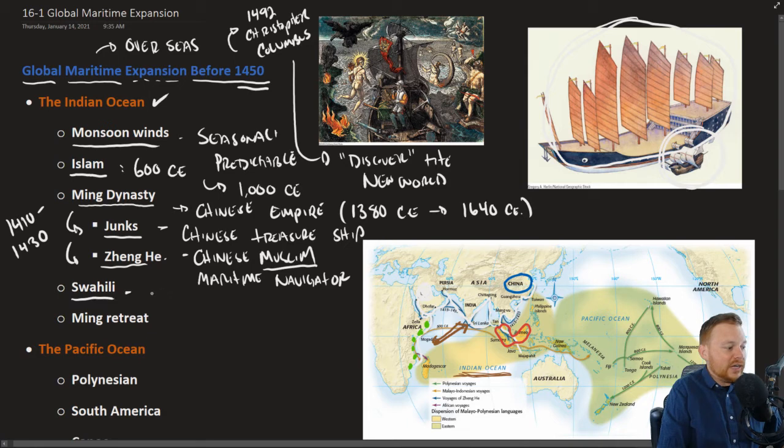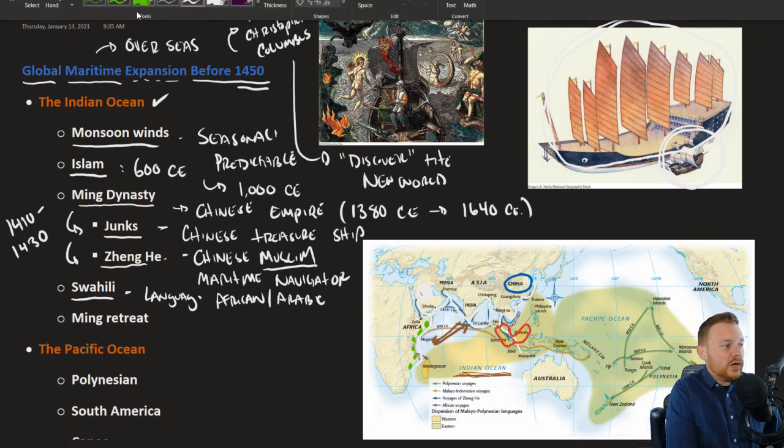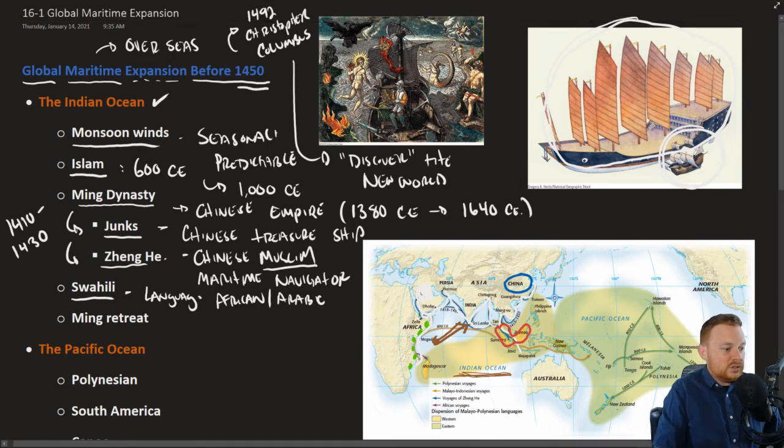Swahili is actually a language, so I'll write language. It is a mixture of African and Arabic languages. And so one of the areas that Zheng He and the Ming Dynasty traveled to was this eastern coast of Africa, right? These would be where the Swahili kingdoms were established.